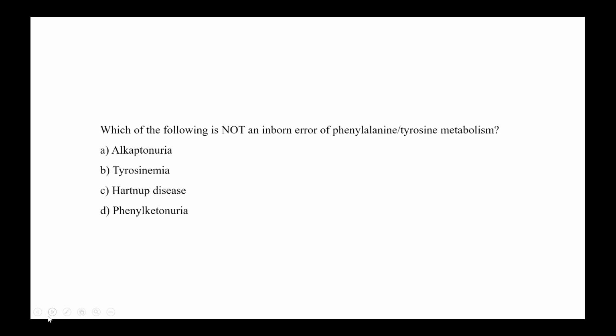Moving on to the next question then. Which of the following is not an inborn error of phenylalanine or tyrosine metabolism? Option A, alkaptonuria. Option B, tyrosinemia. Option C, Hartnup disease. And option D, phenylketonuria.